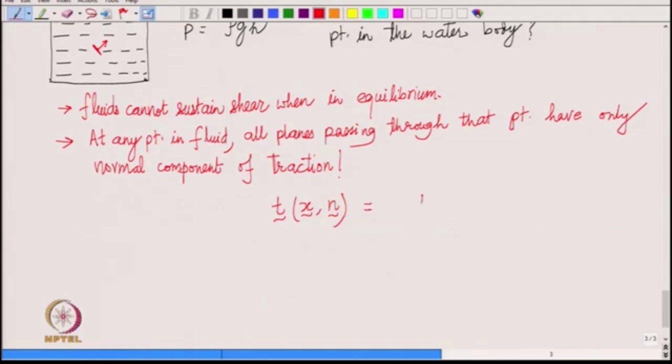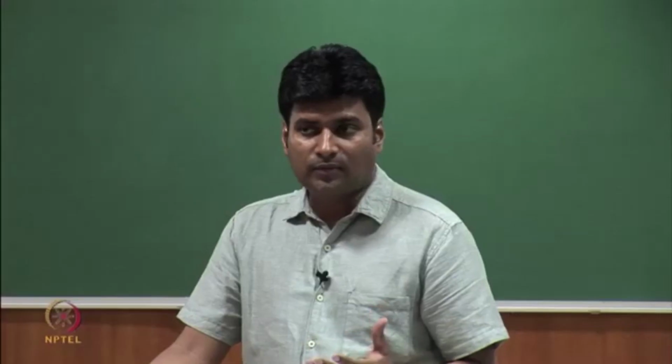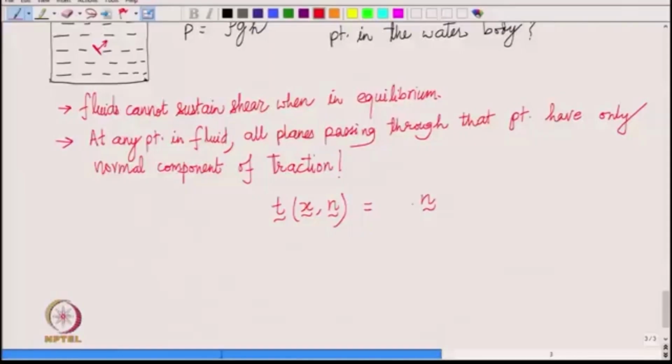So, of course, we know the direction, that is n, and what is the magnitude of traction? That is the pressure itself, P, and because we know pressure is compressive, it comes with a minus sign. Okay. So, on any plane T is simply minus P n.